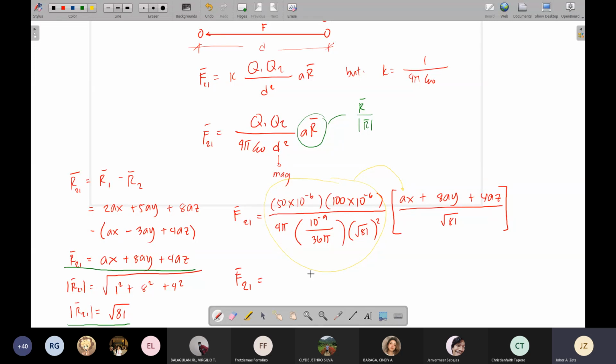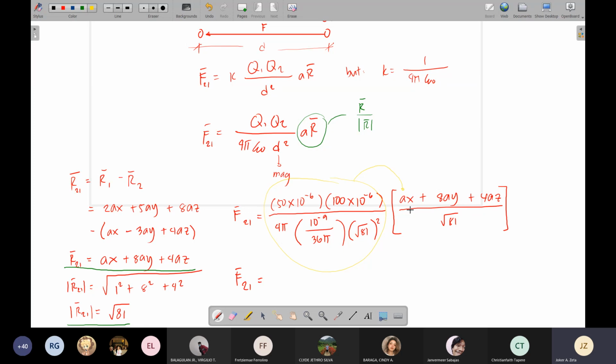Then the magnitude times 8 divided by the square root of 81 for ay. And lastly, the magnitude times 4 divided by the square root of 81 for az. For this one, you need to solve each one separately.